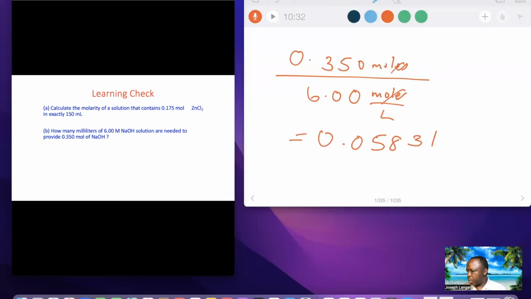And this is liters. So in mL, that is going to be 58.3 mL, just using the molarity.